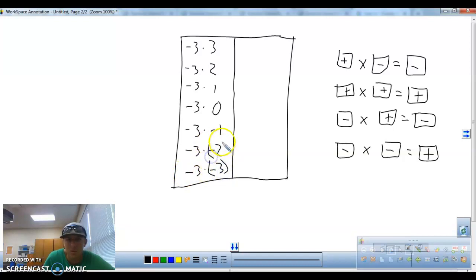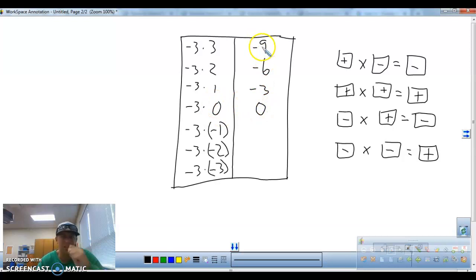Okay, and again, I'm putting parentheses on this back one just to separate the negative from the multiplication sign. So we just went over this. What is negative 3 times positive 3? One's negative, one's positive, so you're going to get a negative answer. It's going to get negative 9. Negative 3 times positive 2 will get you negative 6. Negative 3 times positive 1 will get you negative 3. Anything times 0 gets you 0.